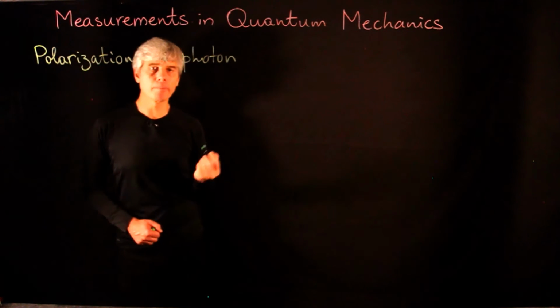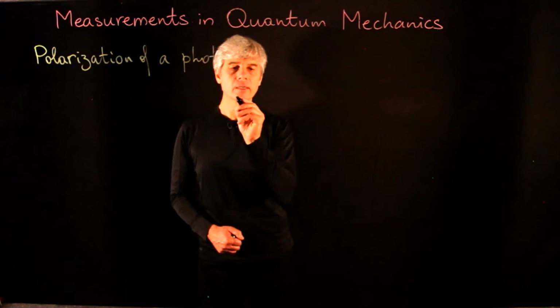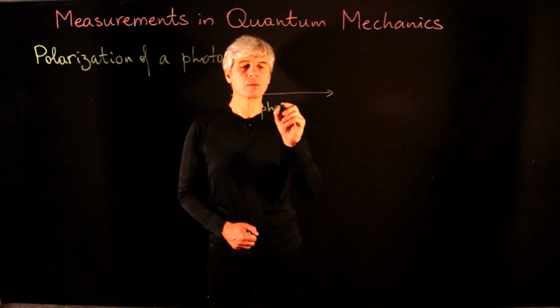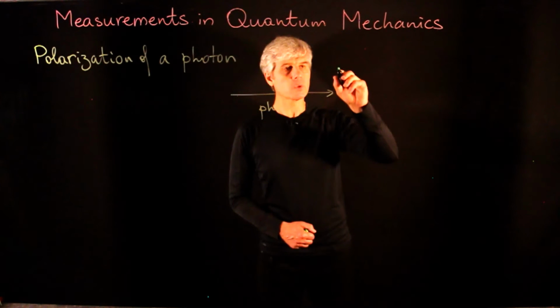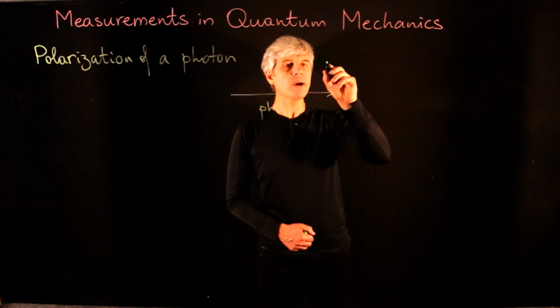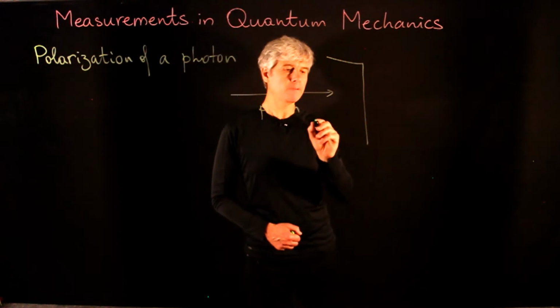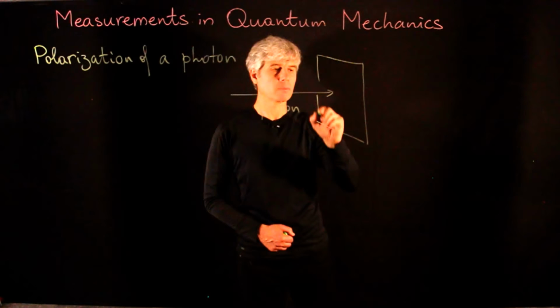So how can we measure polarization of a photon? Imagine that we have a photon that flies on this trajectory. And so here on its path, we put a filter, which is called a polarization filter.